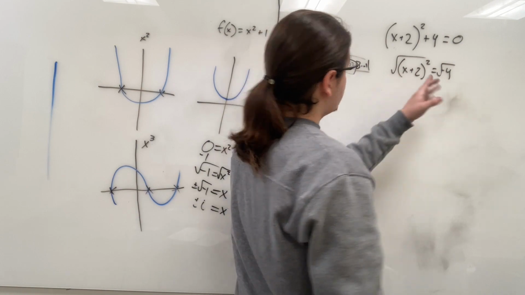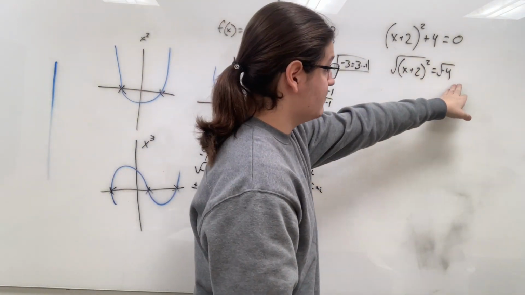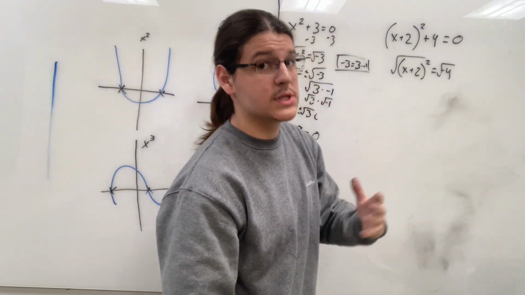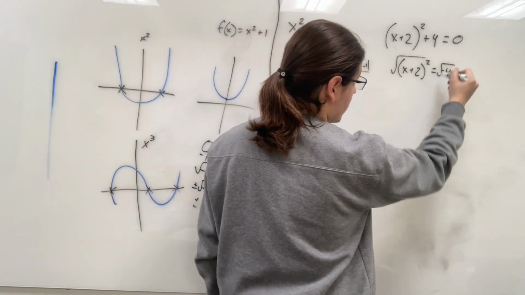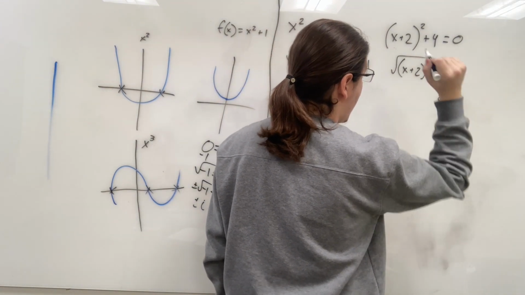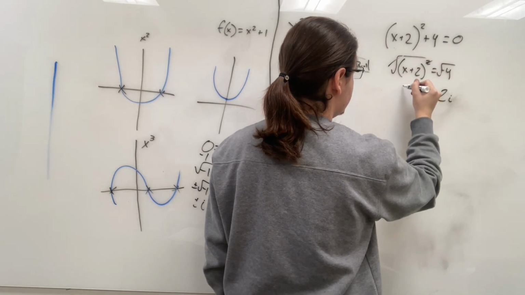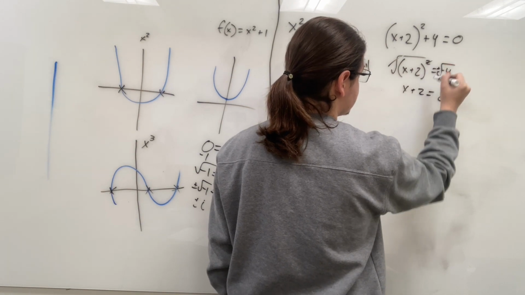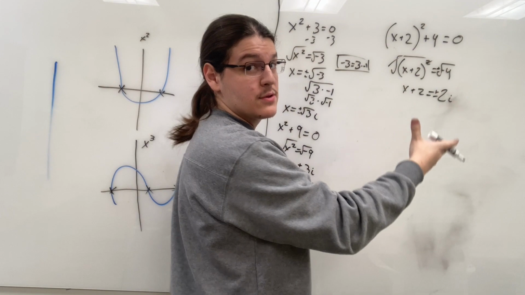Now, -4, like we did all these other times, we're going to split that up into 4 and then -1. So the square root of 4, 2, times the square root of -1, i. So square root of -4, 2i, is equal, cancel, cancel, we get x plus 2 equals plus or minus, almost forgot that, plus or minus 2i, remember we have 2 solutions here.